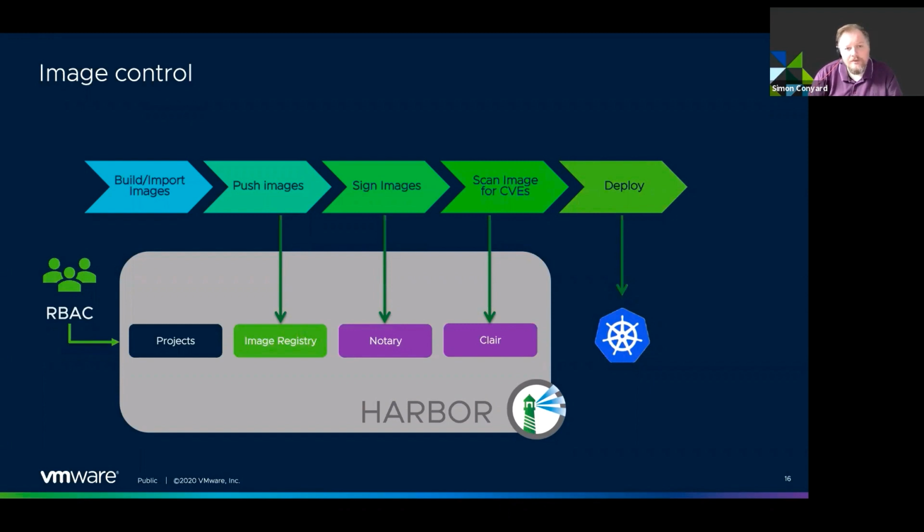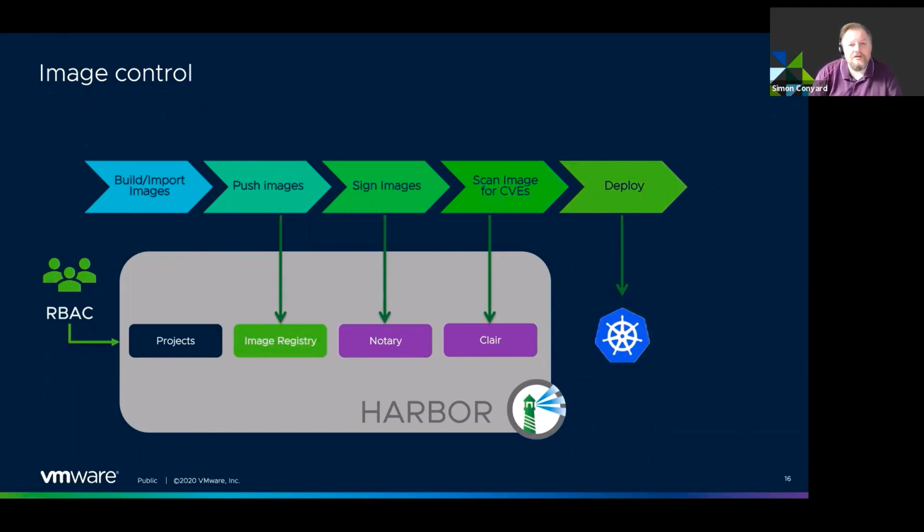We can upload those images into the Harbor image registry and then at the time of deployment, the developers can reference those approved images from the Harbor image registry, rather than referencing perhaps an online image repository, or maybe referencing someone else's image that's available on GitHub or wherever.